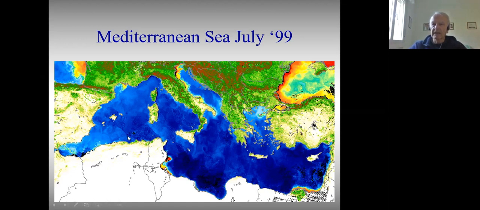And therefore in the summer season you can see that everything is dark blue, which means low concentration of chlorophyll over the entire Mediterranean. And a similar thing happens in other areas of the dense water formation.